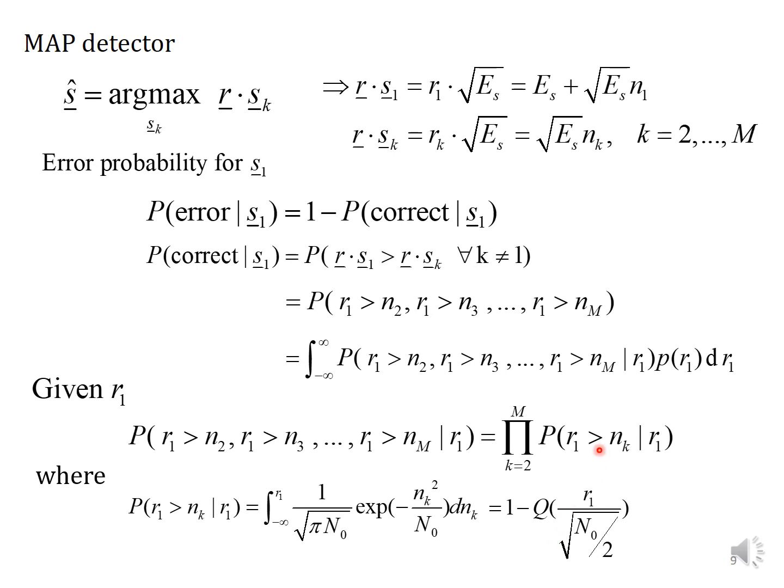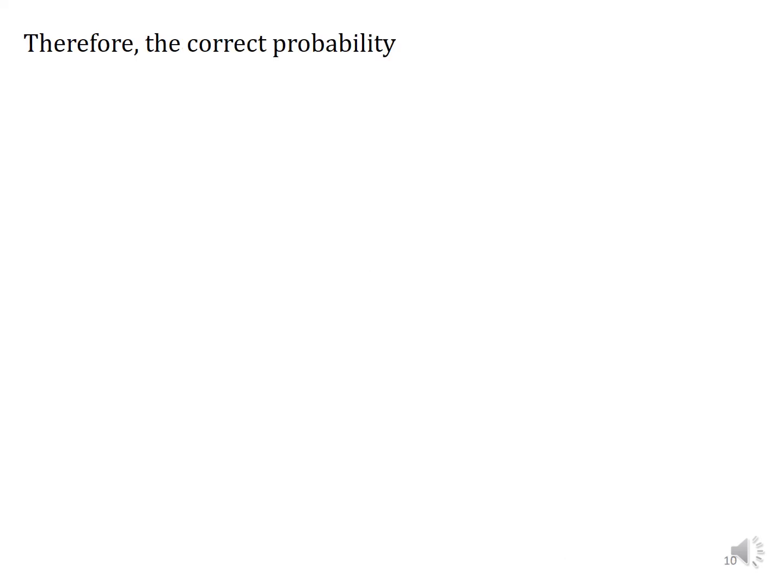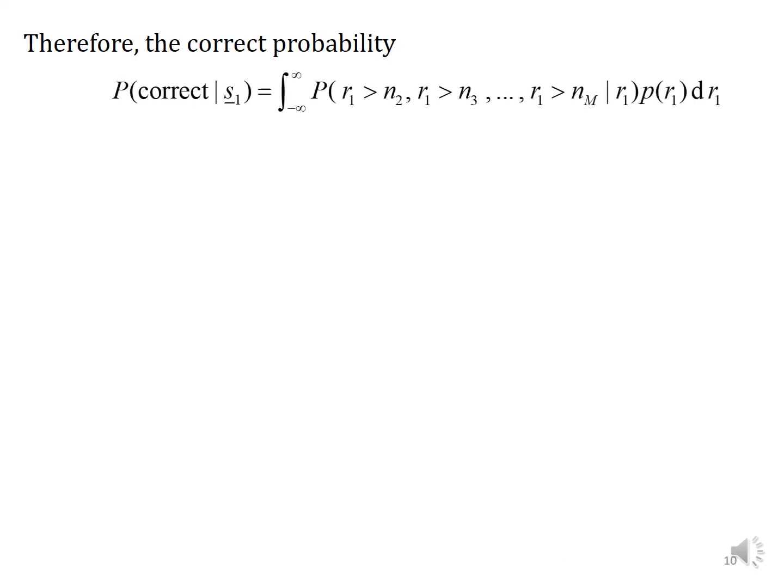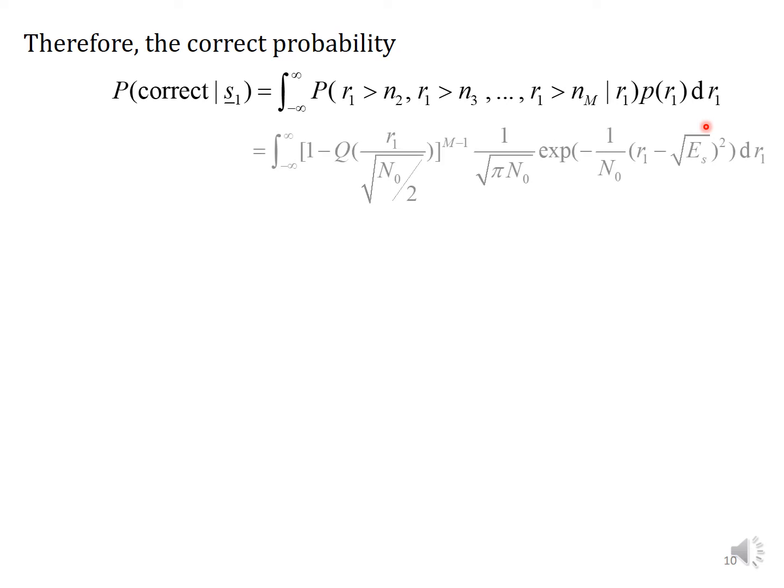So we have it here: each of these conditional probabilities is 1 minus the Q function. Therefore, we finally have the correct probability, given as the joint probability over all possible values of R1.